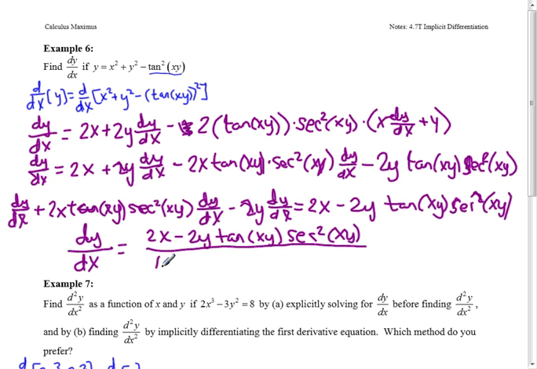Okay, and then on the bottom I should have 1 plus 2x tangent xy secant squared xy. And last, that's real y, minus 2y. And there is dy/dx. Beautiful looking function.